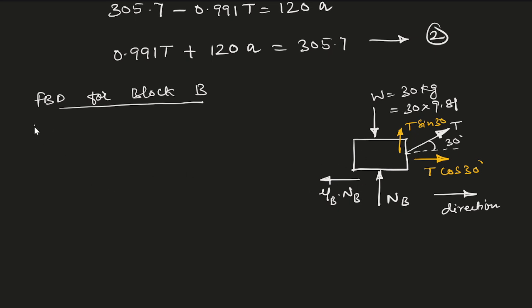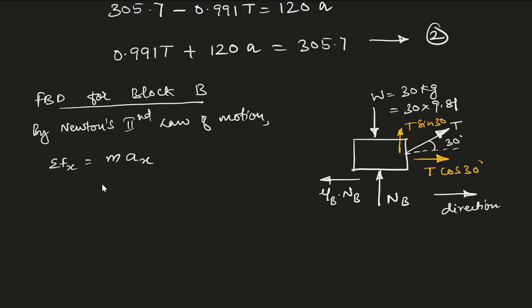So now by Newton's second law of motion, summation F_x equals m a_x. Here in the x direction we have T cos 30, which is in the same direction as the block, so this will be positive, and mu_B N_B will be negative.